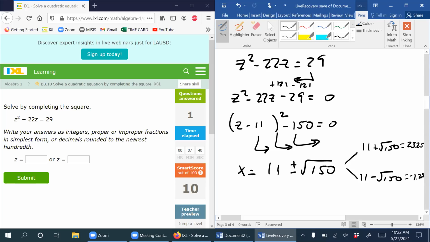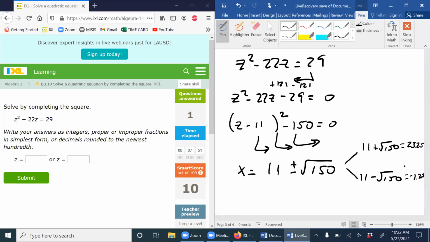Okay, negative 1.25. All right, let's go ahead and plug those answers in and see if we got it. 23.25 and negative 1.25. All right. Okay, so you guys are going to practice that for your IXL skills, and that's kind of it.